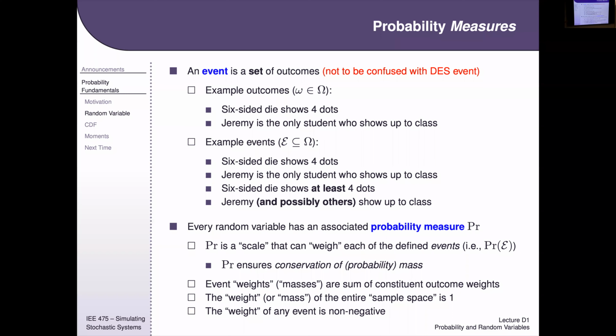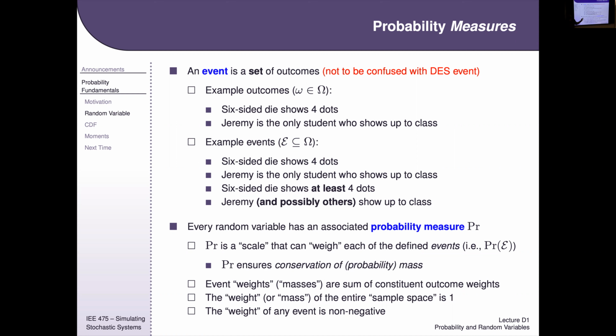This probability measure is going to be specially selected to have conservation of mass. So an event can be broken up because it is a set of outcomes. And if we take an event and create two sub-events, which are just subsets of the event, and weigh those sub-events, then the total weight should add up to the weight of the whole event.